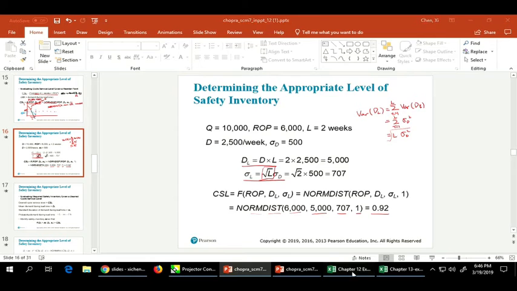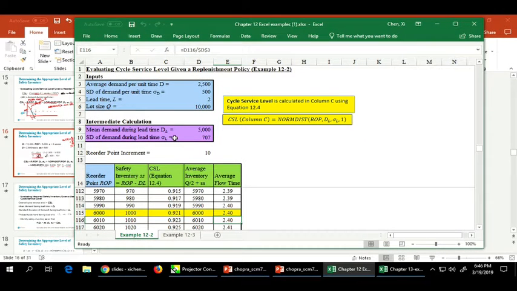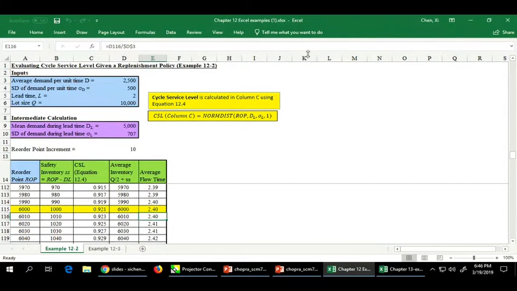I have also uploaded this Excel example on Canvas, so you can see a more comprehensive calculation. These are the input parameters for the demand, lead time, and lot size. Here we calculate the distribution for the lead time demand.